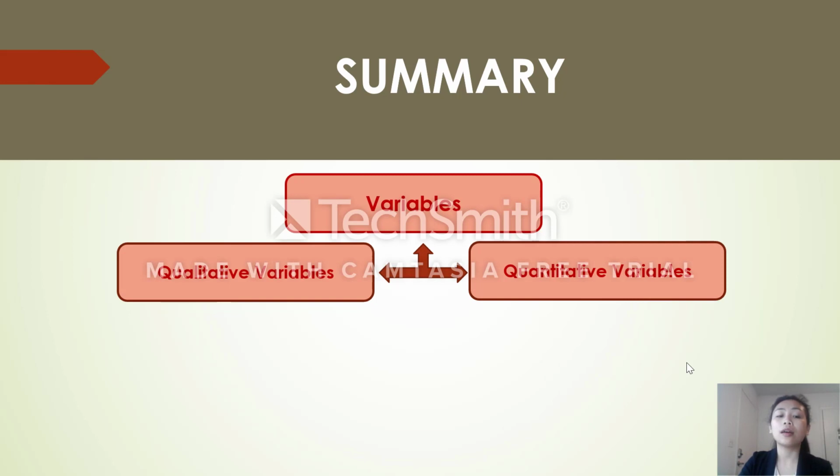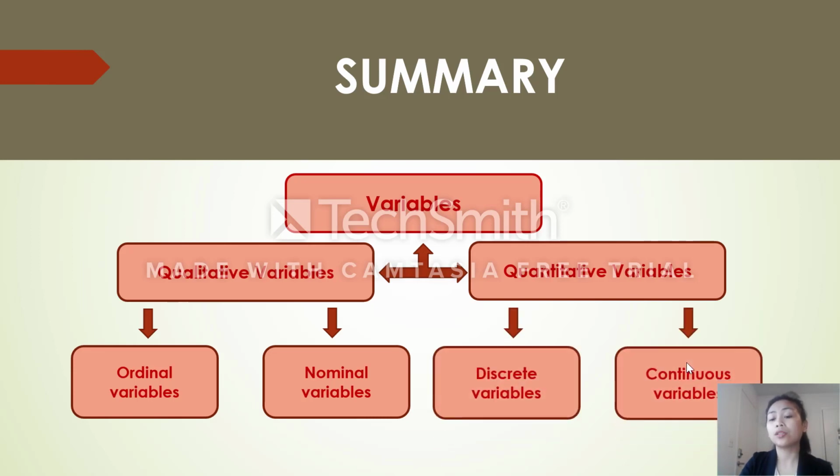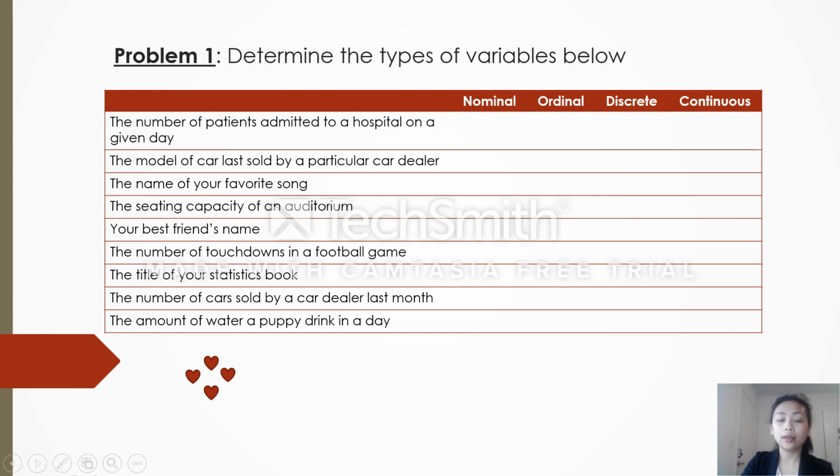Qualitative variables can be either ordinal or nominal, and quantitative variables can be either discrete or continuous variables. So today we have learned four types: nominal, ordinal, discrete and continuous variables, and now I would like to give you some more problems.